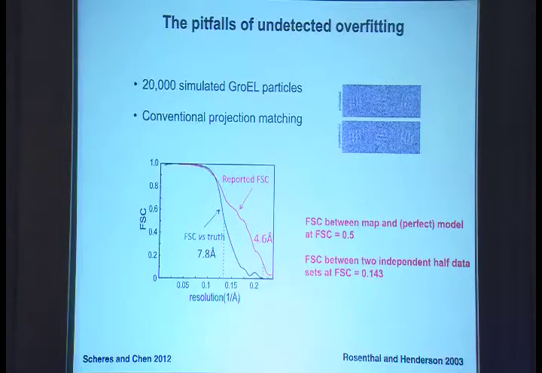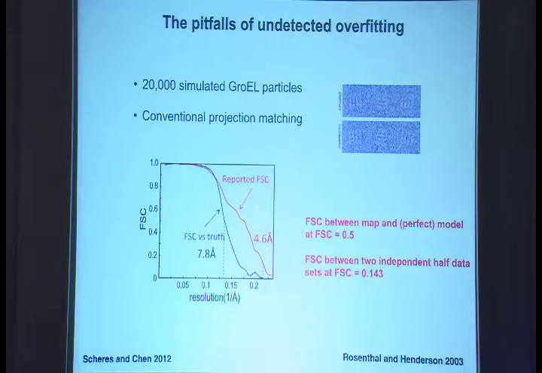Below the threshold of 0.5, the correlation is less reliable. It has been discussed by Joachim Frank with some level of cross correlation, how reliable it is or not.